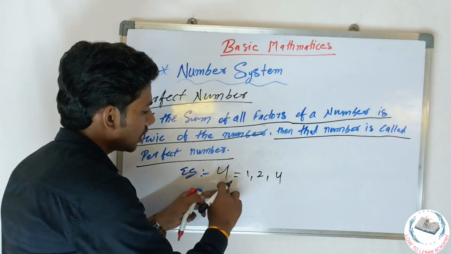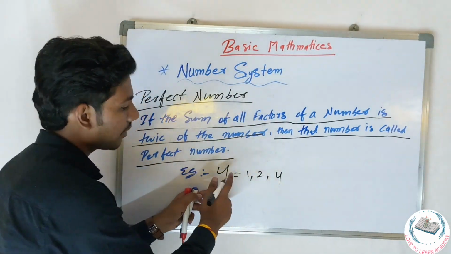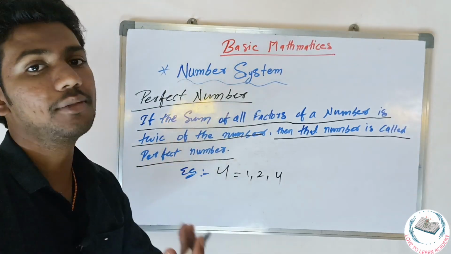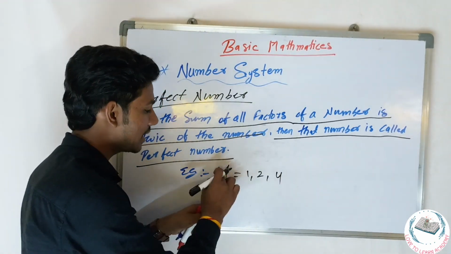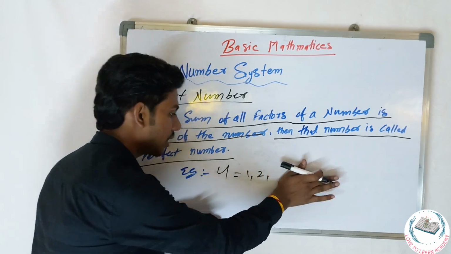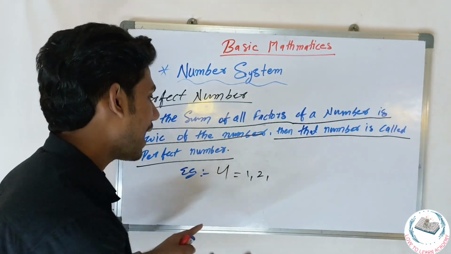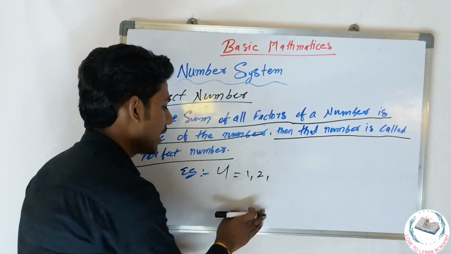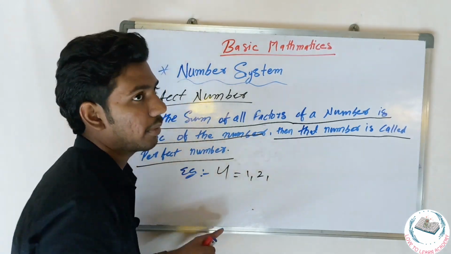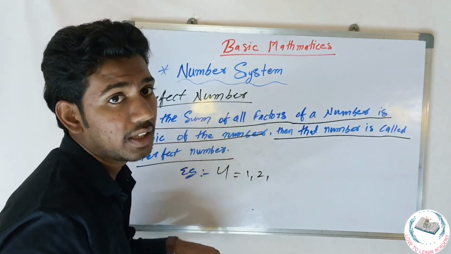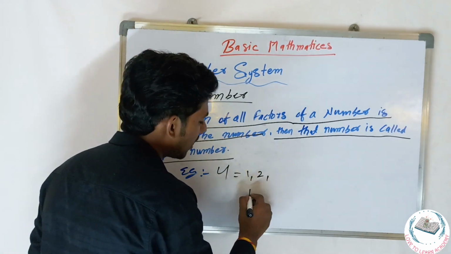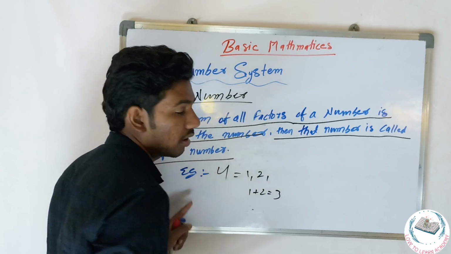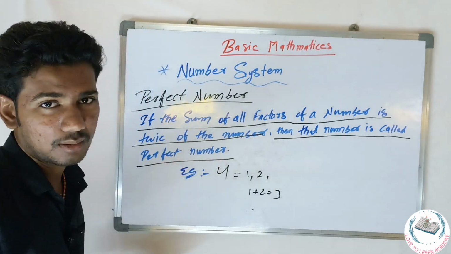Leave the 4, because 4 is the number itself, whatever number is given, you leave it. Now add these two numbers. If the sum is 4, then it is a perfect number. If you add 1 plus 2, that will be 3. So it is not a perfect number, right?